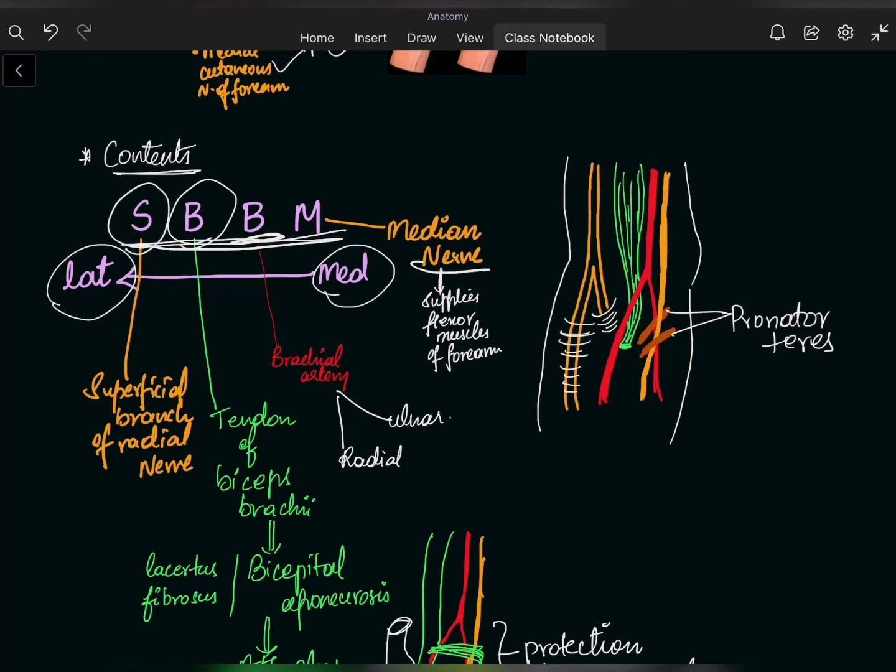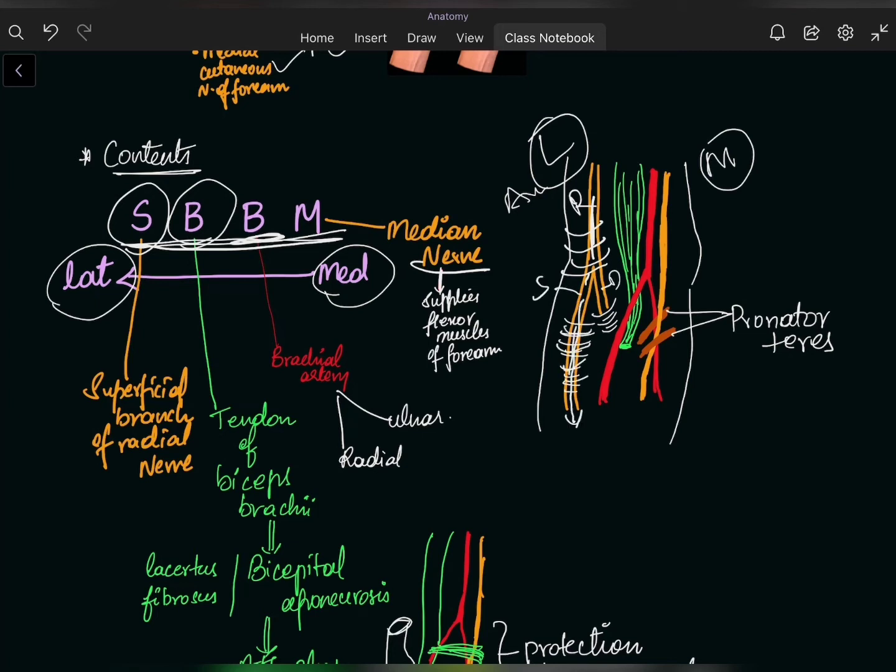Now let's start with the radial nerve. This is the medial side, this is the lateral side, this is the radial nerve. The radial nerve comes from the posterior compartment of the arm. Coming from the posterior compartment of the arm, it enters the cubital fossa and passes deep to the brachioradialis muscle, and in the cubital fossa it divides into a superficial branch and a deep branch.